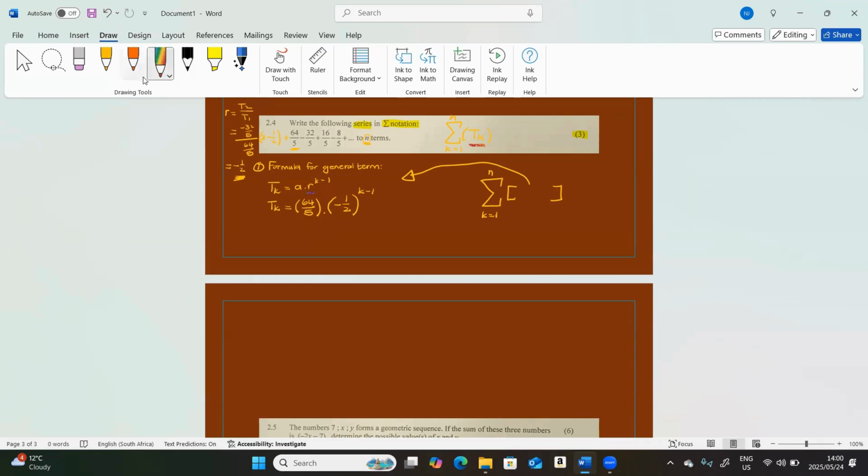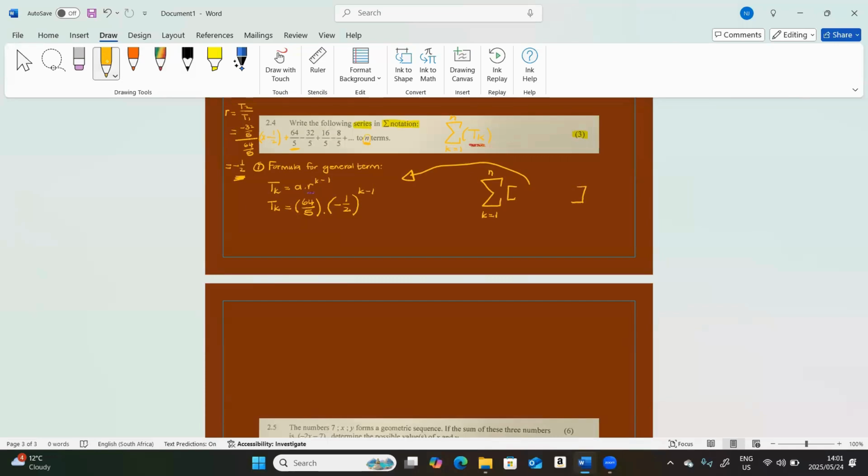Okay, now that we have our formula for the general term, term k, we can go and write it into our sigma notation. Okay, I'm going to have to expand this bracket because of all of the fractions that we are working with. So let's just expand the bracket a little bit, and then we can go and write that.